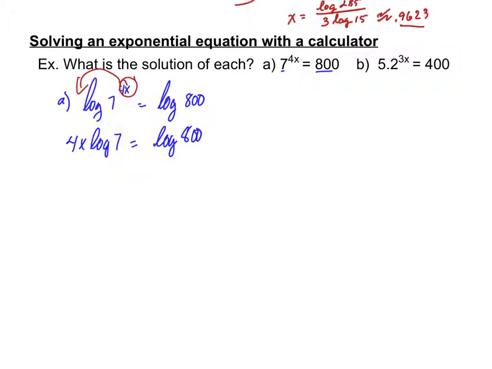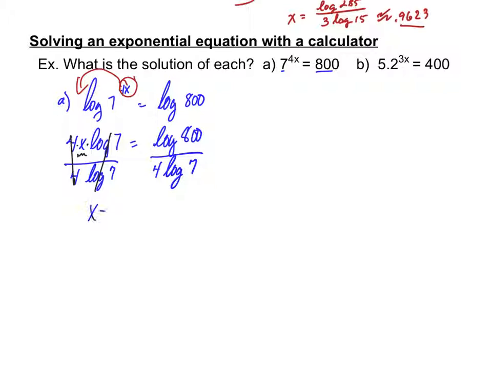Now remember, I'm trying to isolate my variable, so these are multiplication. With multiplication I can do division to counter that. So I'm going to divide away my 4 and my log of 7, and what I do on one side I must do on the other, and that is going to cancel out to 1, that is going to cancel out to 1.